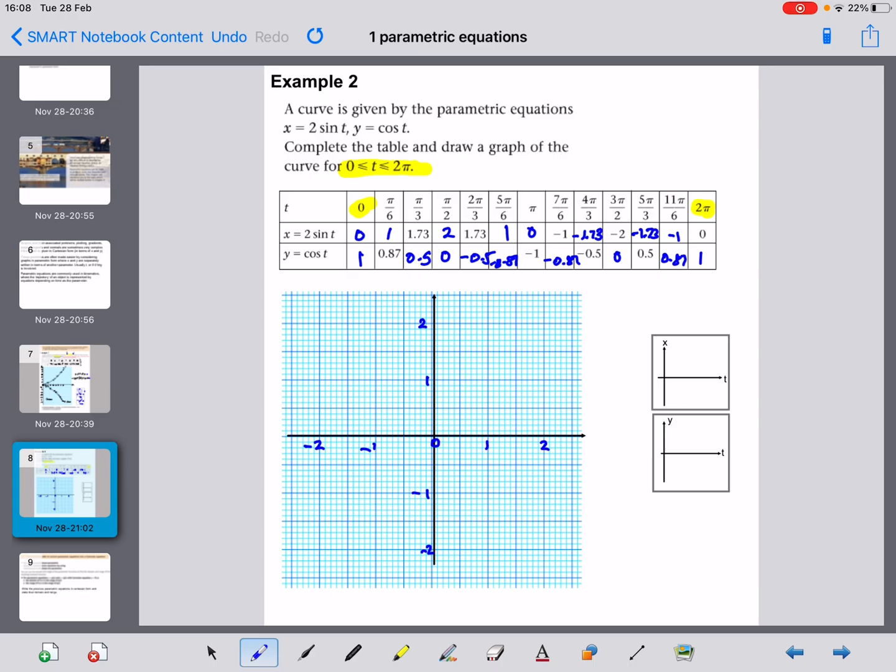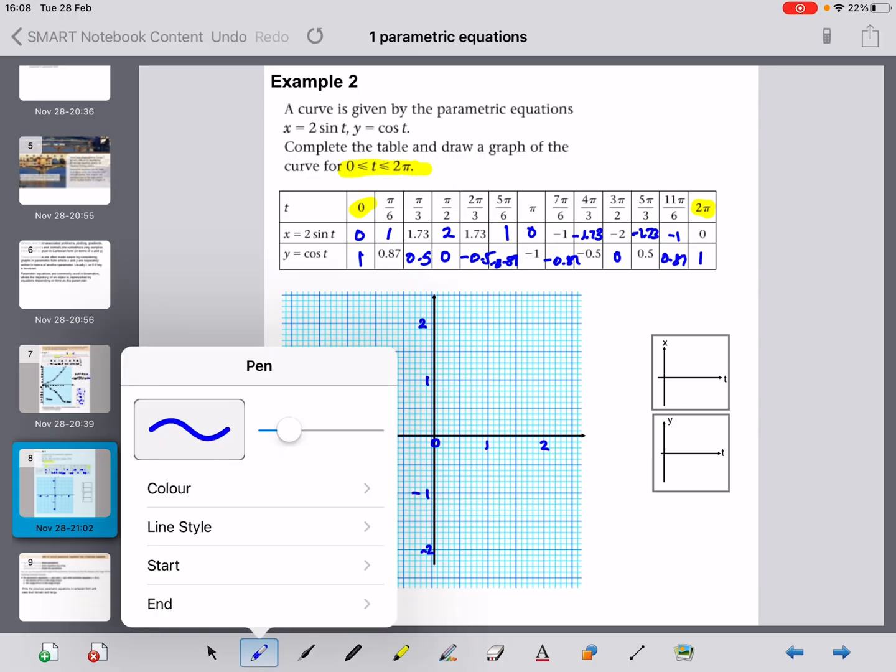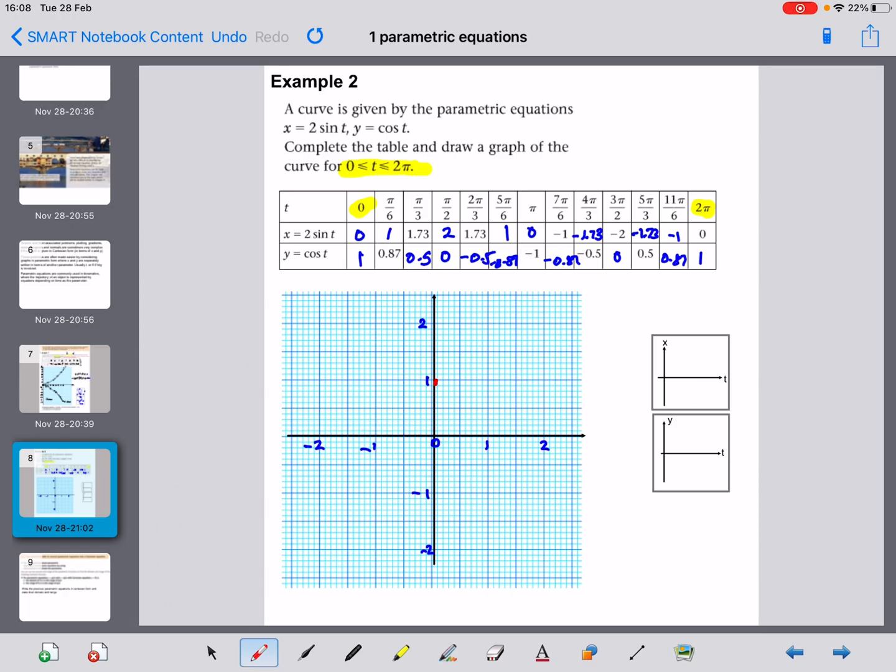The first point when t is 0 is the point (0, 1). So that is my start point. Then when x is 1, y is 0.87, which is about there. When x is 1.73, y is 0.5.